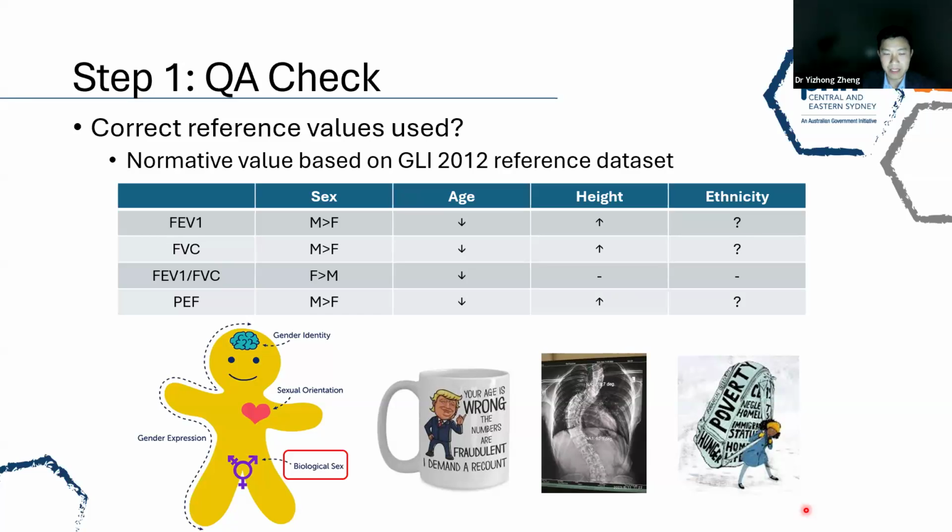So potentially by correcting for ethnicity, we may underdiagnose certain groups who are already socially disadvantaged and prevent them from accessing treatment. So there is a push to use ethnicity-neutral reference ranges. However, again, this is a controversial topic at this stage.